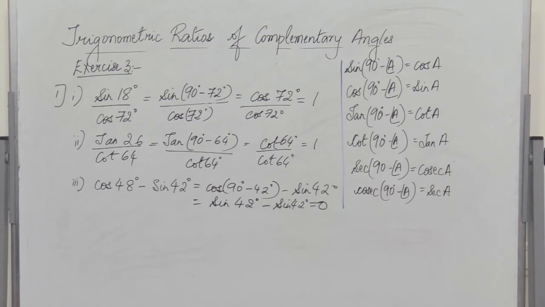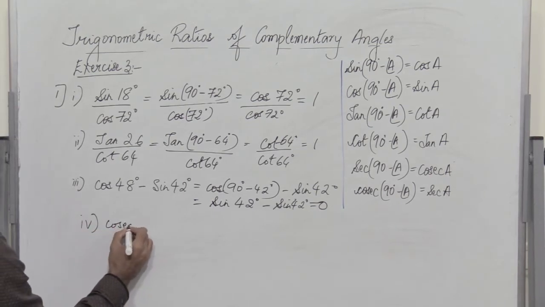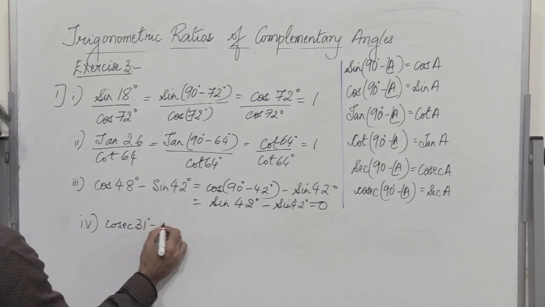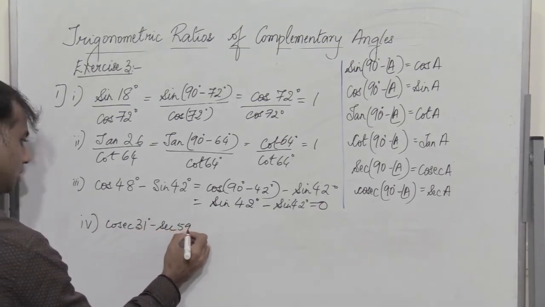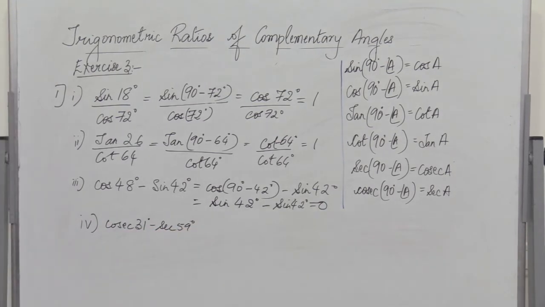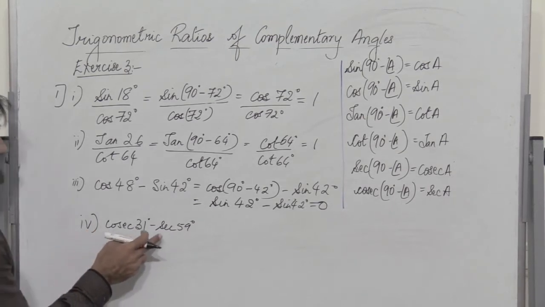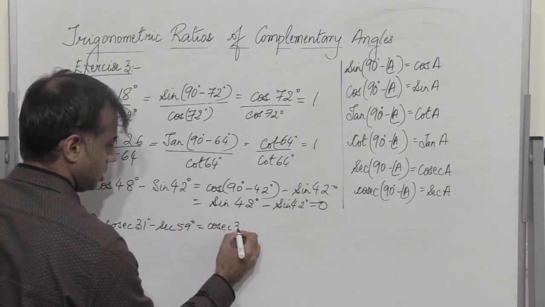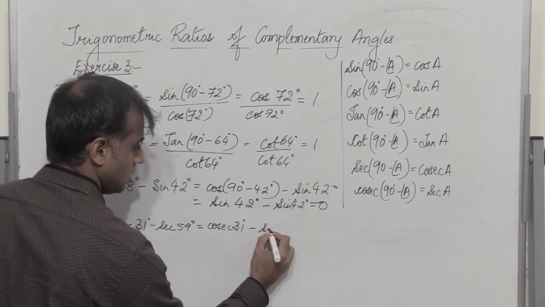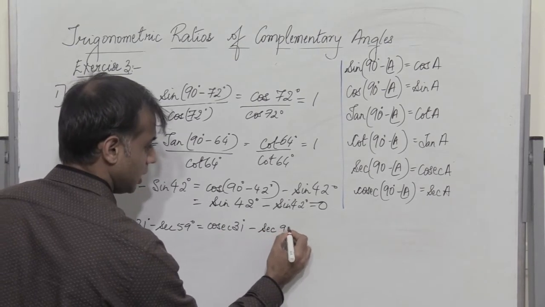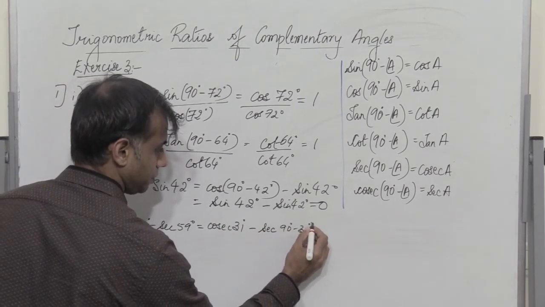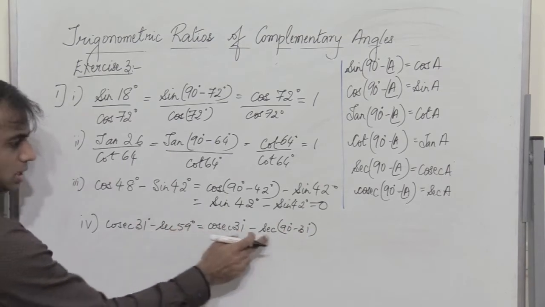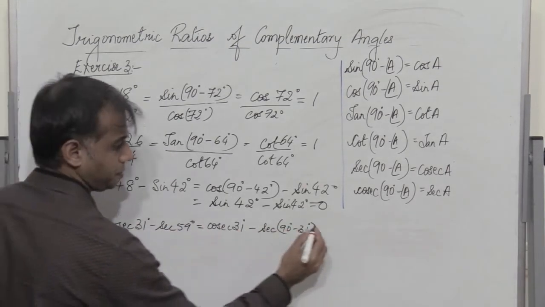Next, the fourth one. You have cosecant 31 degrees minus secant 59 degrees. Without even solving, you can say that the answer is 0. How? Let me convert secant. I can write this as cosecant 31 minus secant of 90 minus 31, because 90 minus 31 is 59.